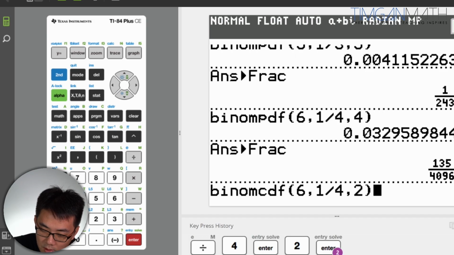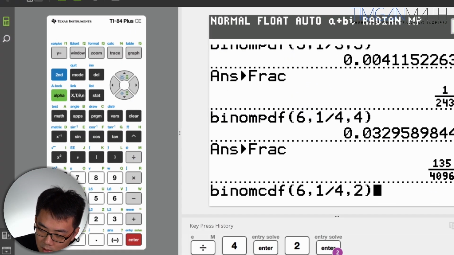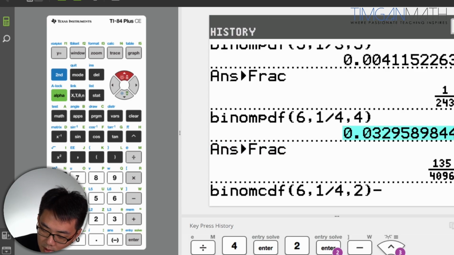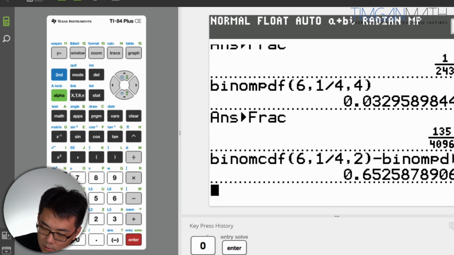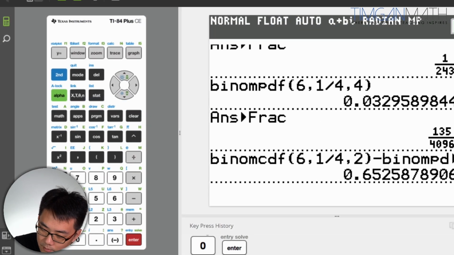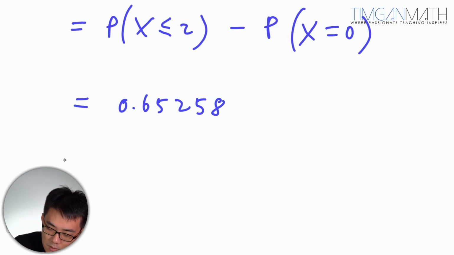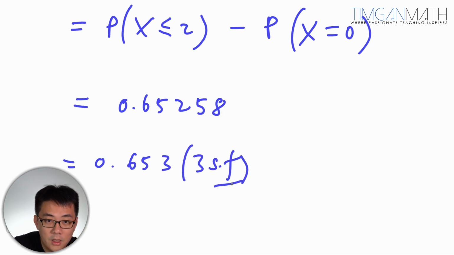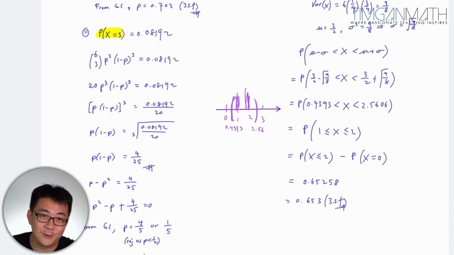Then minus the PDF, this is 0. We get 0.65258, 0.653 to 3 significant figures. Okay, so that's how I'll do this question here proficiently. Now, if you have any questions at all, please let me know and I'll see you in the next question.